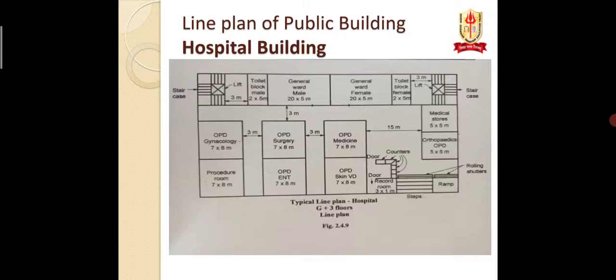We even have to provide a staircase, lifts. Then we have to see that the operation theater should be nearby the ward, so that they can shift very fast. Like this we have to plan it.